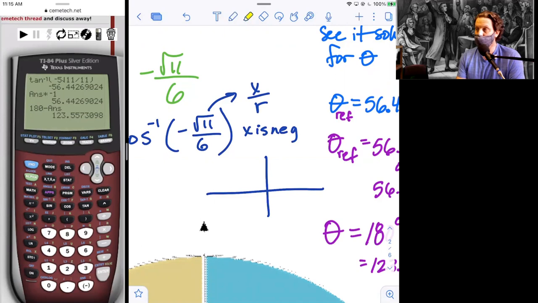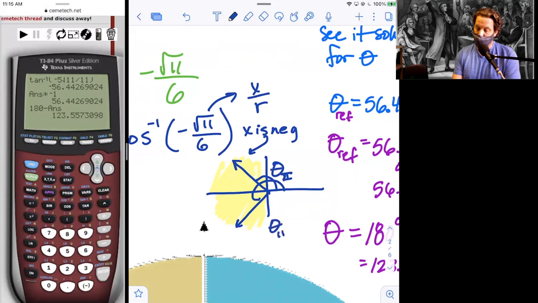Quadrants 2 and 3, right? X is negative in quadrants 2 and 3 when we're to the left. So the calculator is either going to give us this angle here, or this angle here. We'll call this theta sub 2 for quadrant 2, or theta sub 3 for quadrant 3.